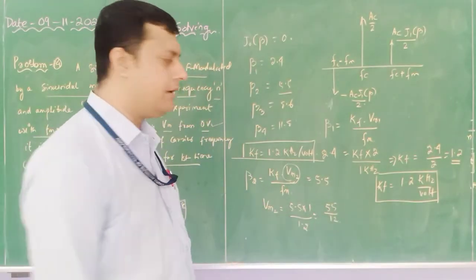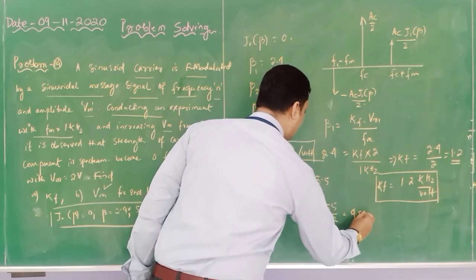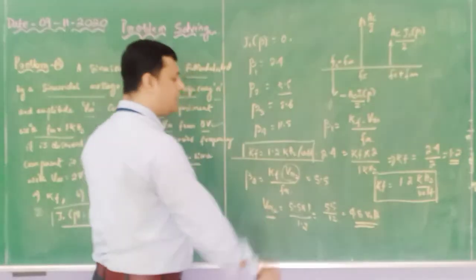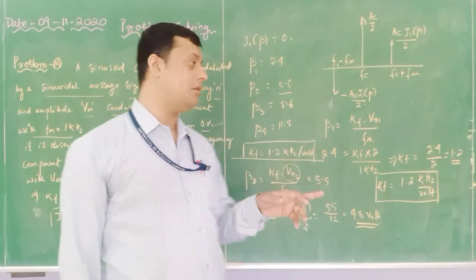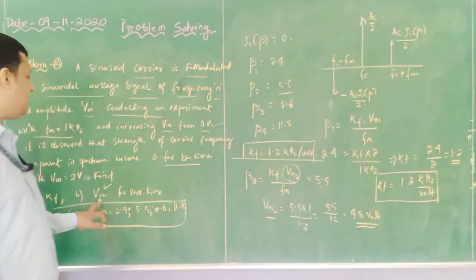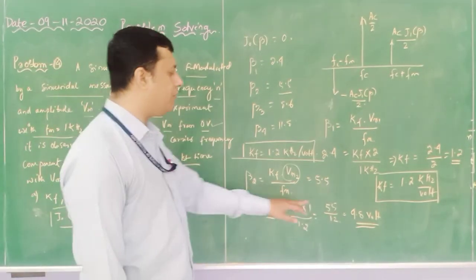So the resultant you will get is around 4.8 volt. So this is my second amplitude for beta 2. As it is given, what will be the Vm for the second time? So Vm for the second time is 4.8.